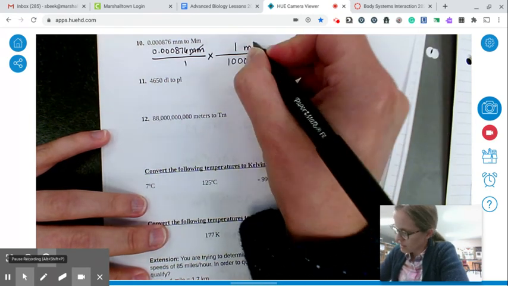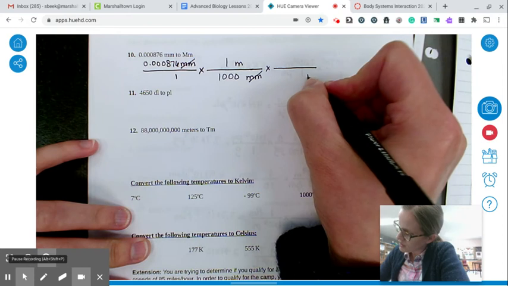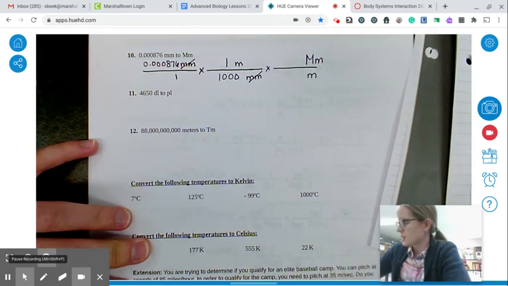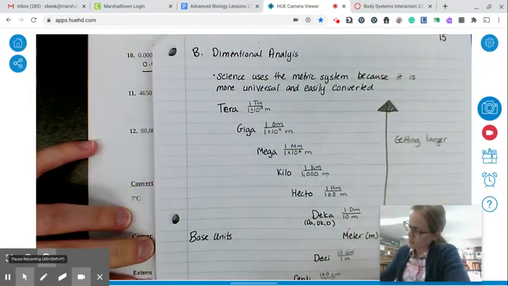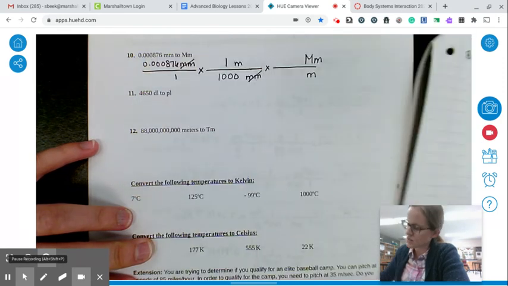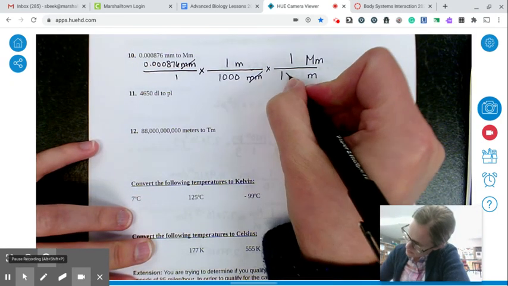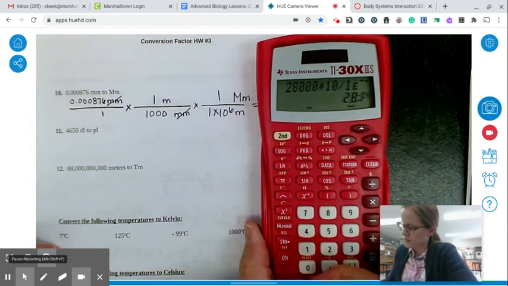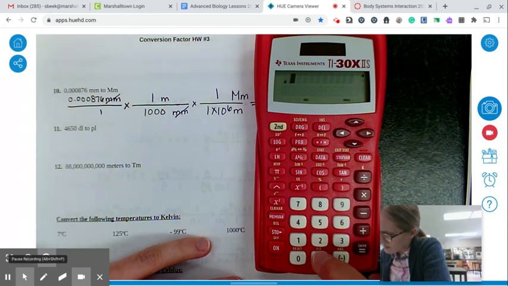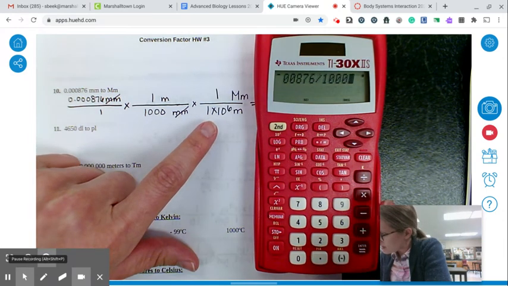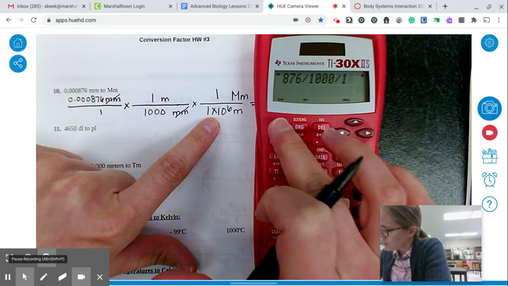Millimeters cancels, and my meters will go down here. And then I can go from meters to megameters because I did it on the other side. And if I look that up again, 1 megameter is 1 times 10 to the 6 meters. I'll take my given divided by 1,000 and then also divided by this one because they're both on the bottom.